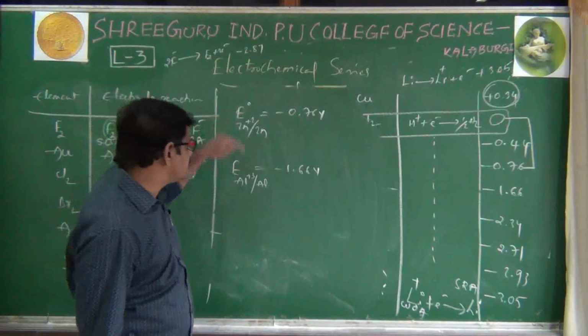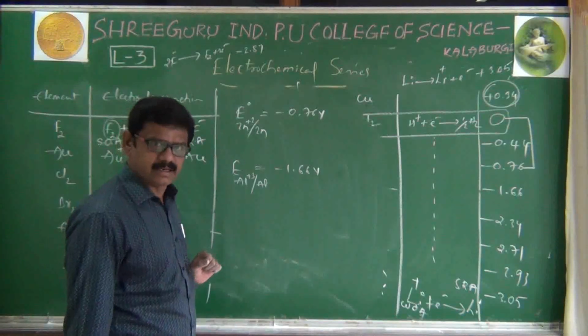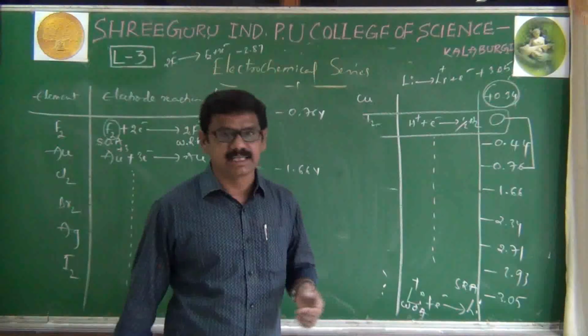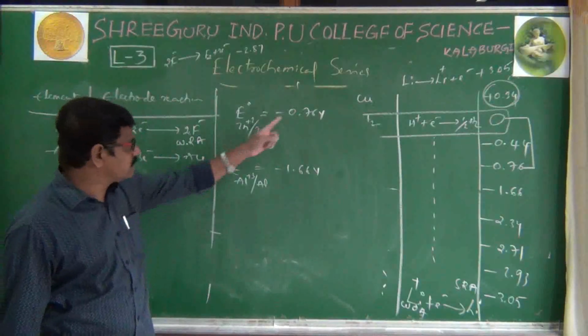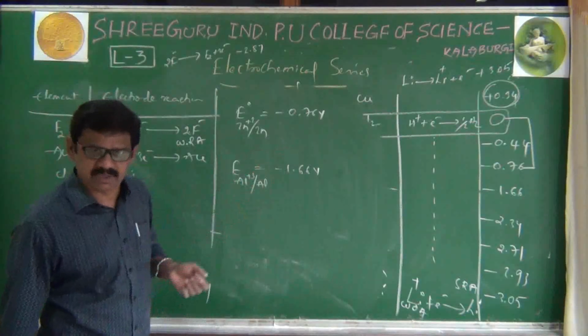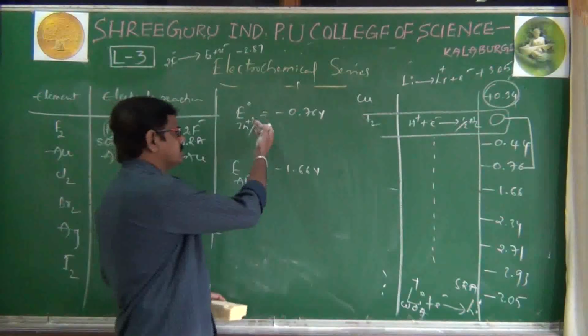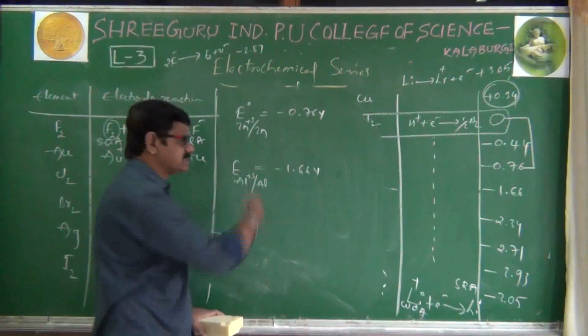Then if these two electrodes are connected to each other, what is the net cell potential we have to calculate? Right. First we have to observe which electrode's SRP value is more. Definitely the zinc reduction potential is more and the aluminium reduction potential is less.